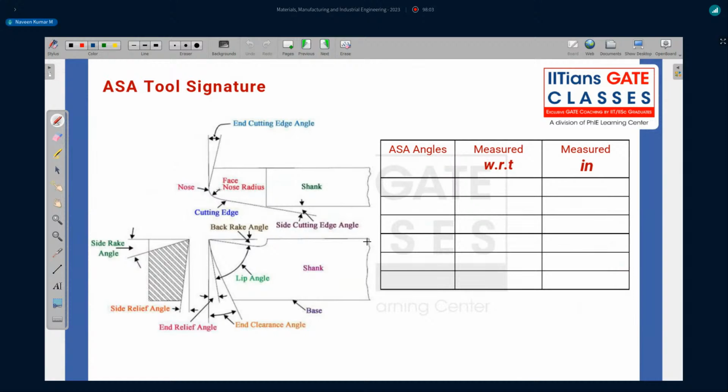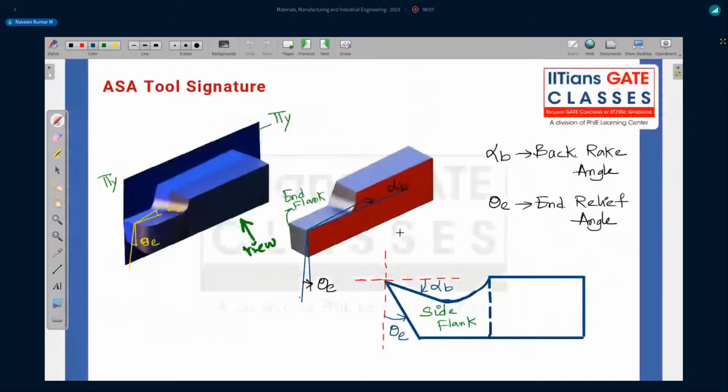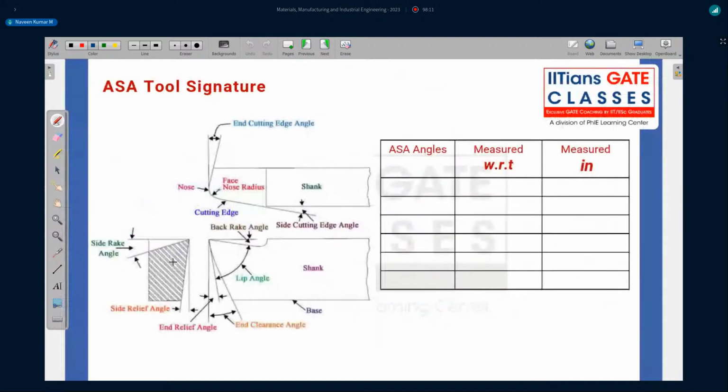So let's see that. So all these three figures I've put in one single place. So this figure, and this figure I've put into the single place here. So let me label them here. So what is this end cutting edge angle? This end cutting edge angle is given as CE, right?